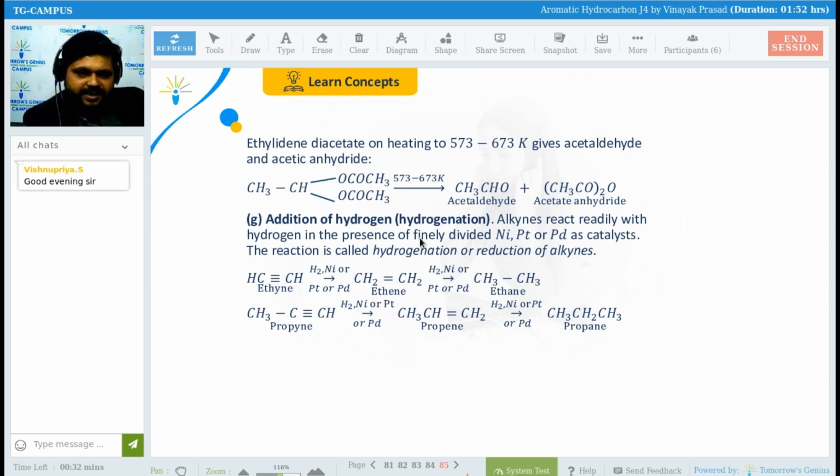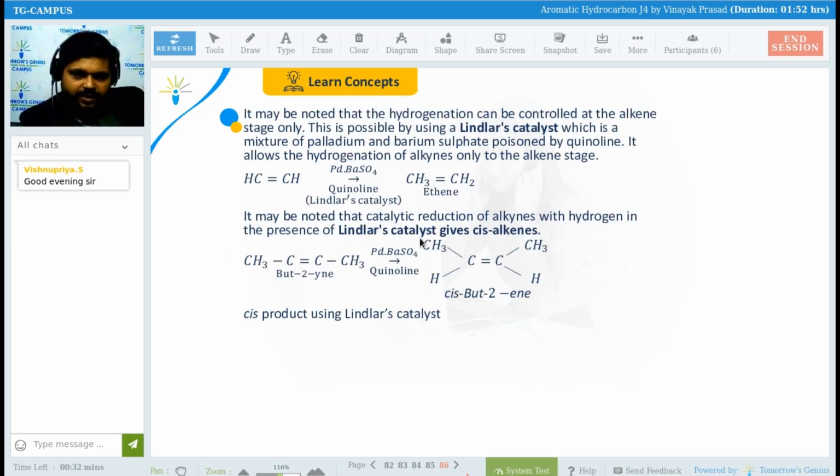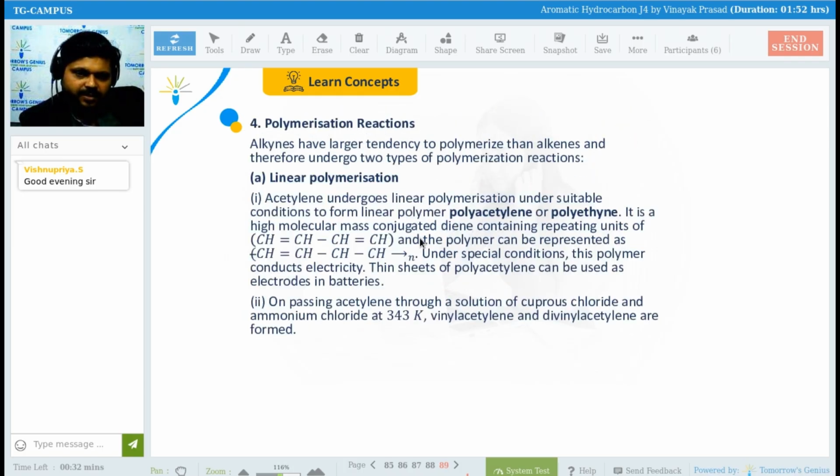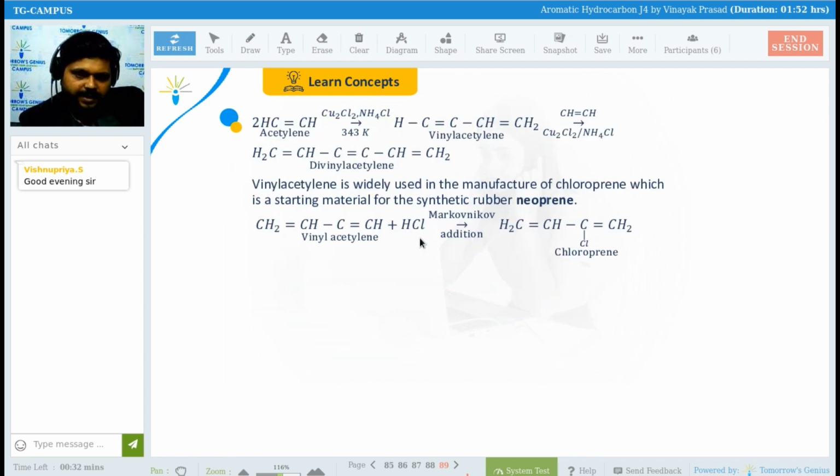So in this reaction, we are seeing that ethylidene diacetate on heating at 573 Kelvin temperature, we are getting what? CH3CHO, and CH3CO-O-COCH3. We are getting what? Aldehyde, and this is what? Acetic anhydride. And the last is what? We are going to see addition of hydrogen, and then the polymerization reaction will be seen in the next class. See.